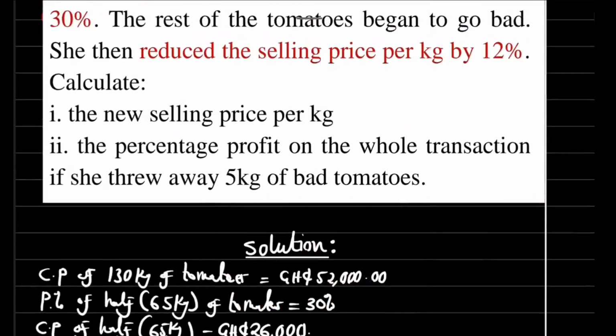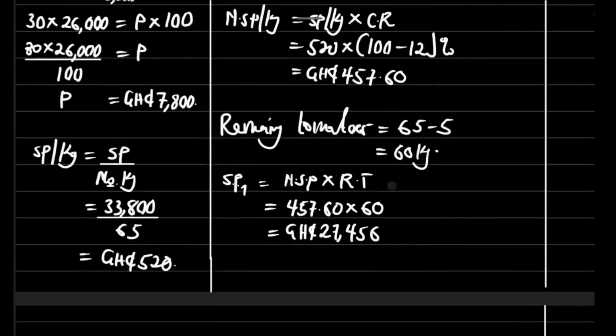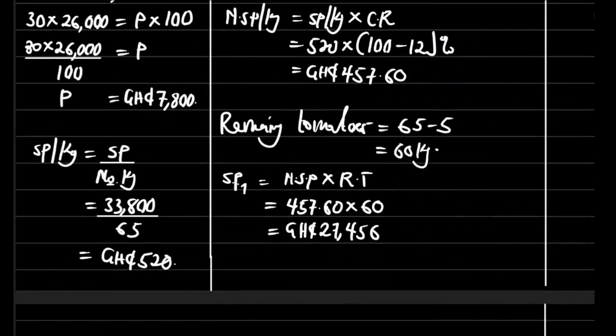But note that we are asked to find the percentage profit on the whole transaction. So we need to know the total sales and the total cost of the whole transaction. Once we know the selling price of the remaining tomatoes, we can find the total selling price. The total selling price is the first selling price plus the second selling price, subscript 1.